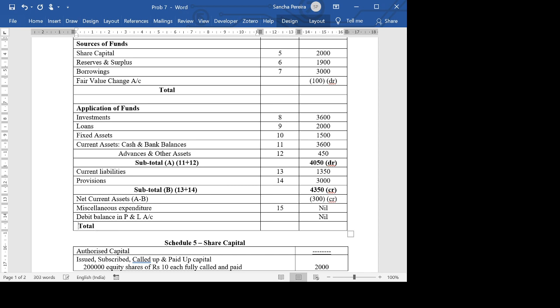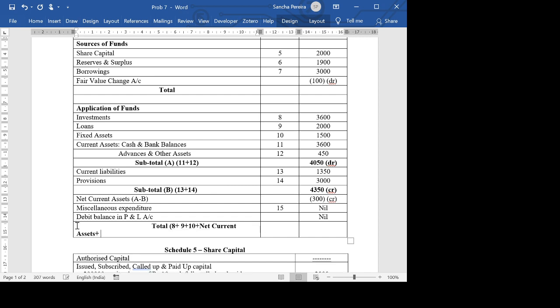Now, when I'm showing this total, how am I going to get this total? It is basically 8 plus 9 plus 10 plus net current assets plus 15 plus debit balance in P and L account.